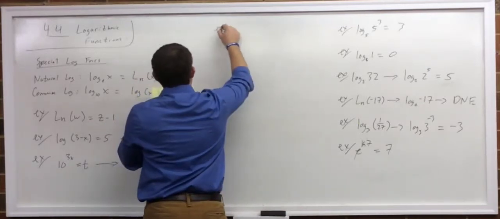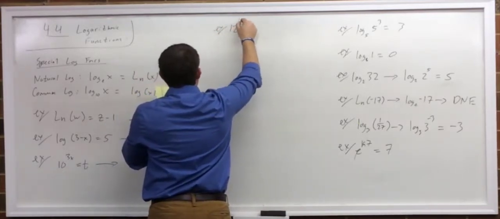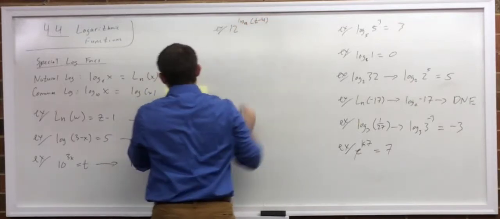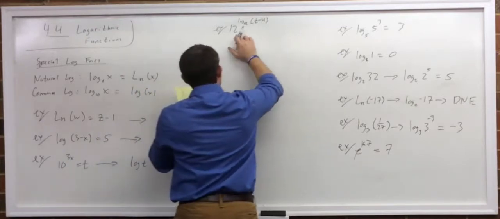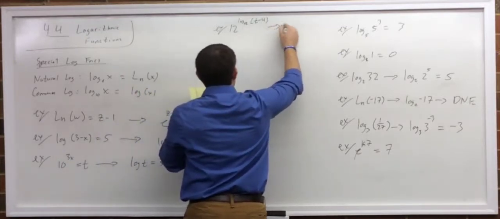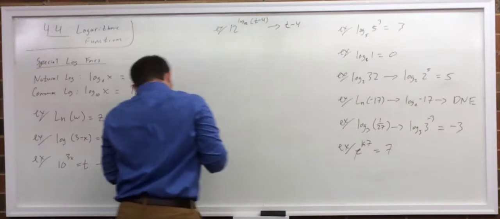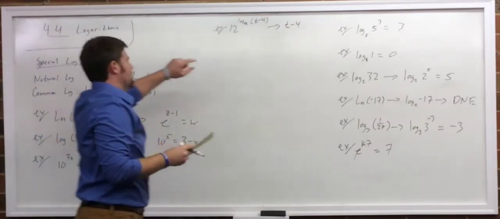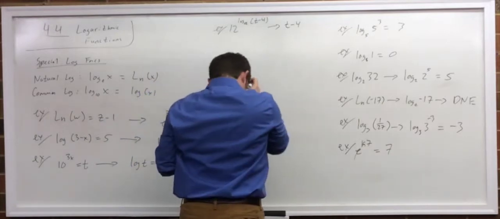What if we had 12 to the log base 12 of t minus 4? Well, 12 to the log base 12 cancels with itself, and you're left with t minus 4. That actually falls under one of the properties that I just erased.